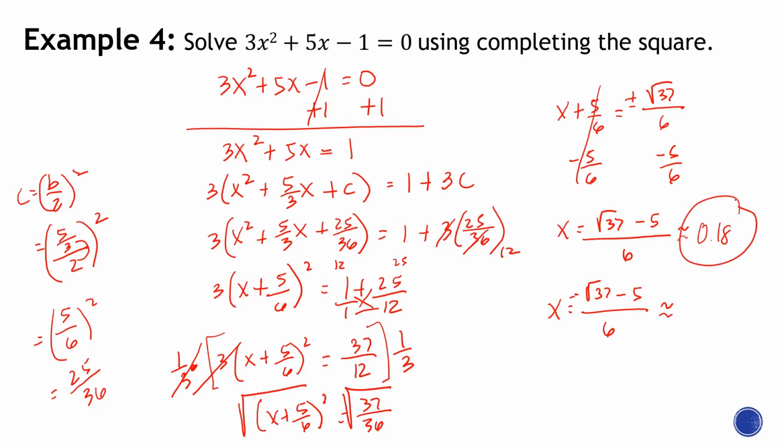And the next one, negative square root of 37 minus 5 over 6, is going to be approximately negative 1.85.